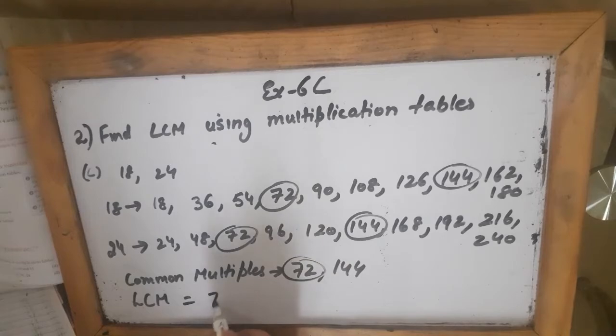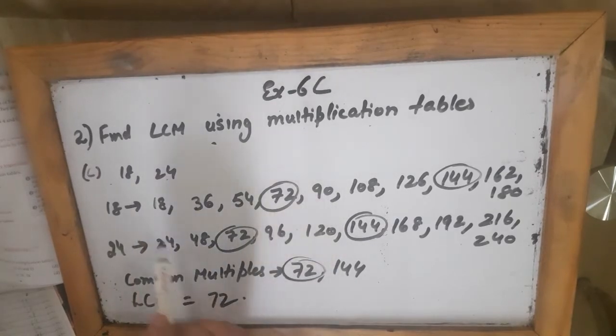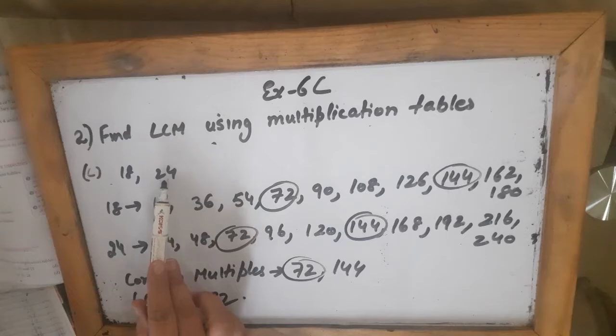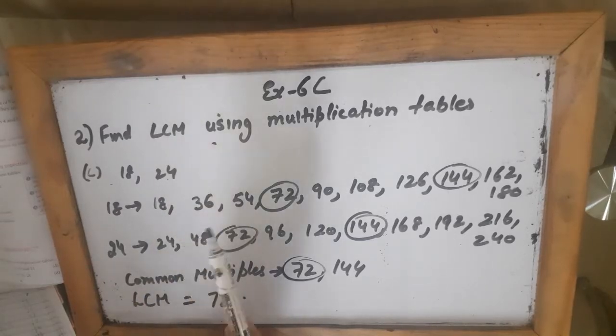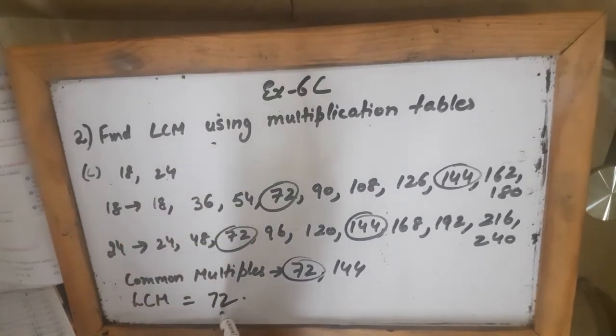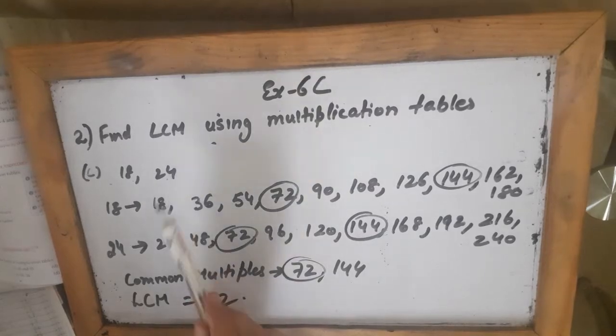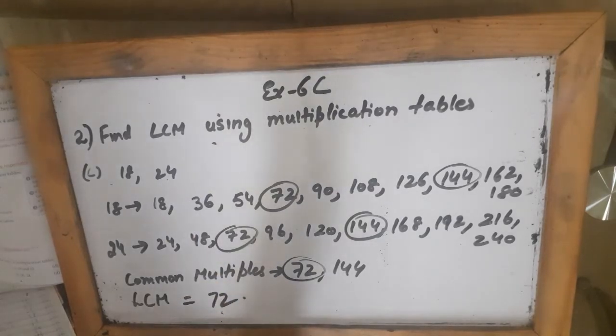So 72 is the smallest common multiple of 18 and 24. So 72 is the smallest number which is a multiple of 18 and also a multiple of 24. So 18 fours is 72, and 24 threes is 72.